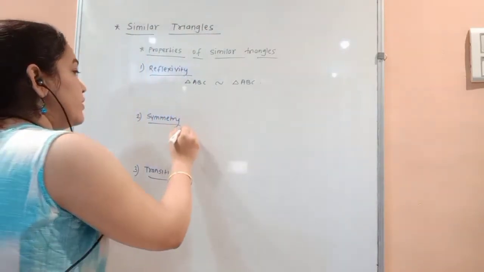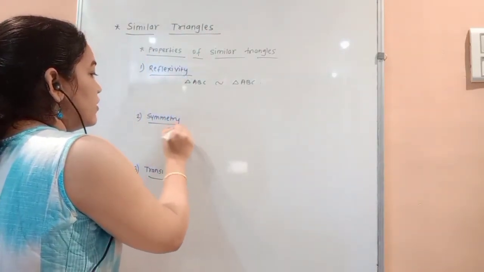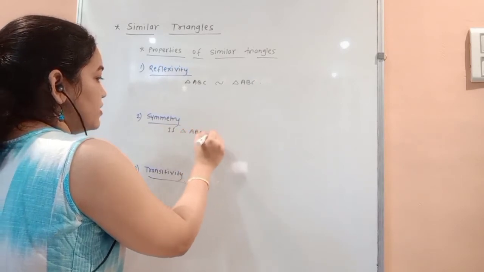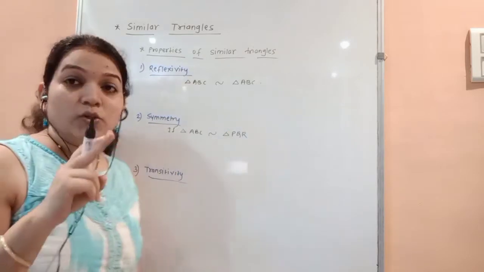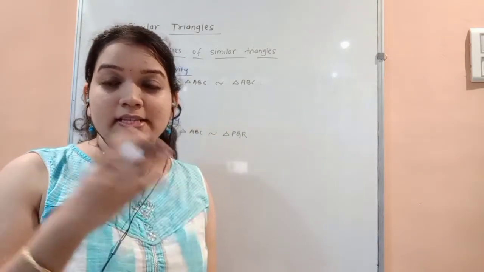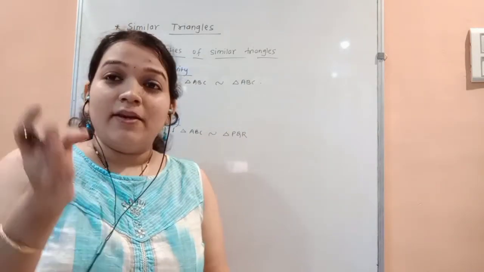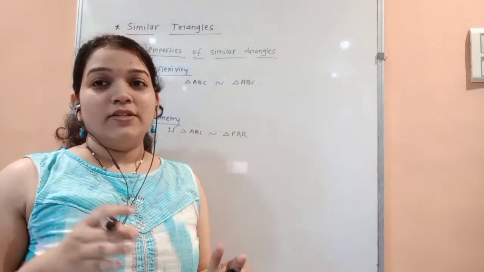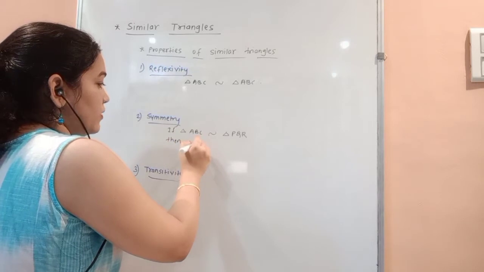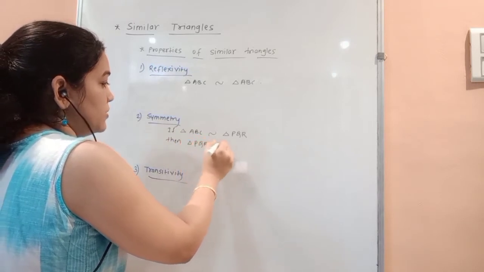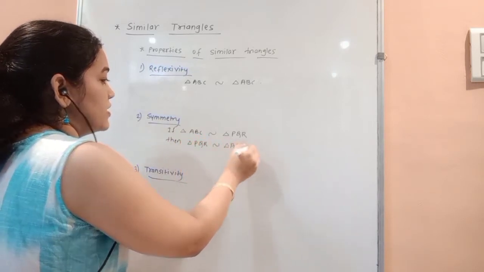Next is symmetry. Means what? If triangle ABC is similar to triangle PQR, means there are two triangles in which triangle ABC is similar to triangle PQR, then what it means? In reverse manner, I can say then triangle PQR is similar to triangle ABC.